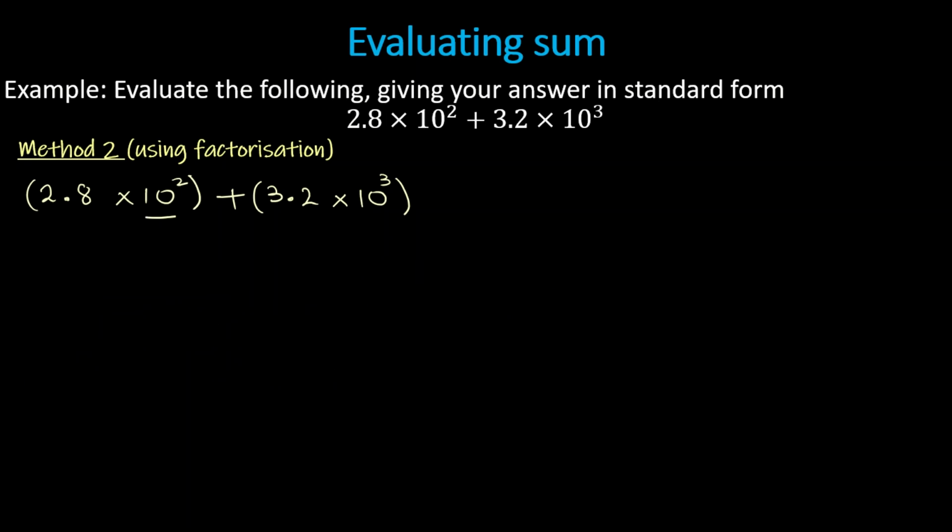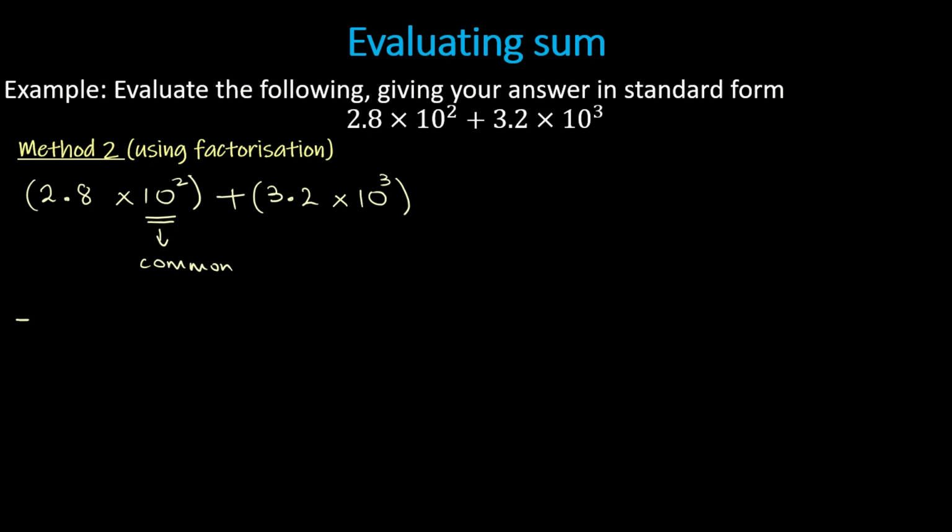Right, so we have said 100 or simply 10 to the power of 2 is common, right? So we have to take out 10 to the power of 2 outside, right?